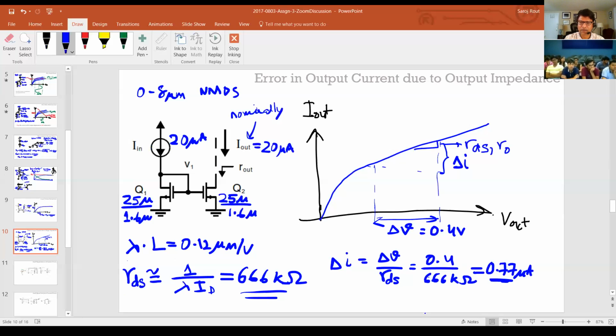So if I look at the error with respect to 20 microamps, so 0.77 over 20, that's roughly 3.8%. So if you have this output impedance and you vary the voltage by 0.4 volts, that's the amount of change in current you'll get, right? So that's just to show one of the non-idealities of the ideal current mirrors we're talking about.